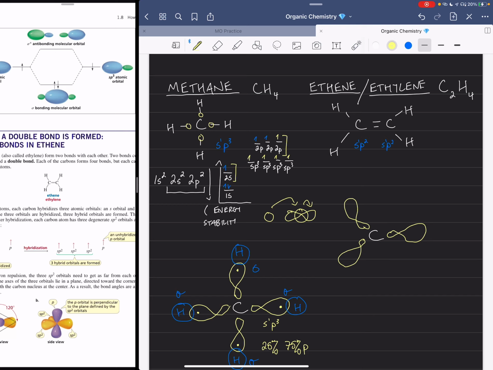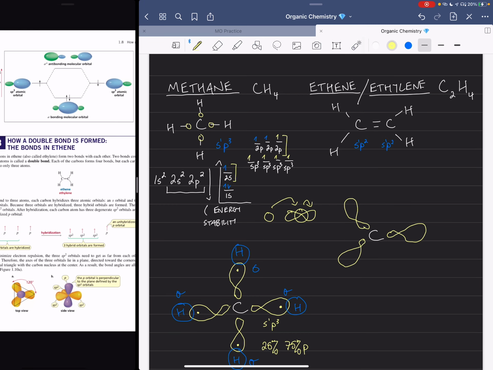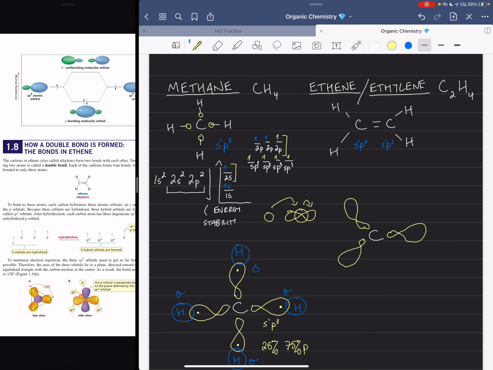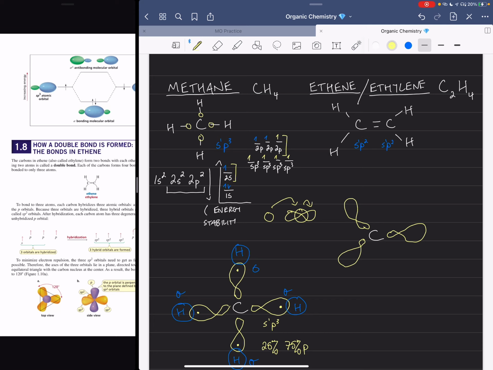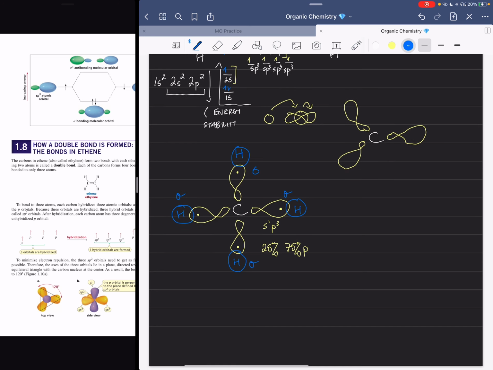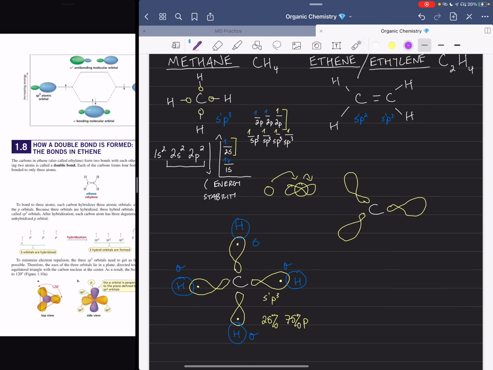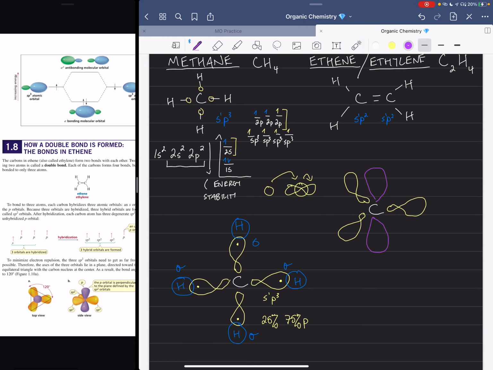Because remember, p orbital that is unhybridized. And when the 2 carbons come together, that's where that pi bond comes into play. And that forms 1 pi bond.